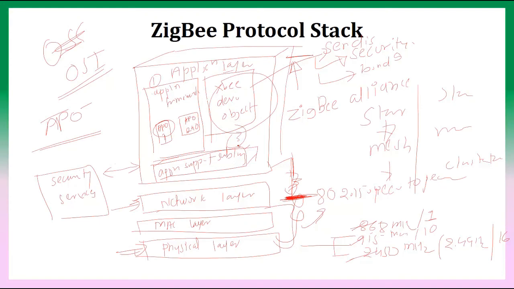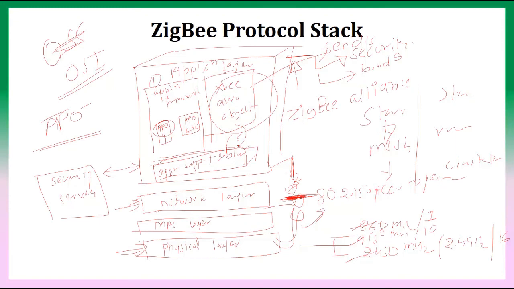The upper layer issues primitives to the APS sublayer to use its services, such as authentication entity, permission configuration, or request key. Those are all the functions of this sublayer.